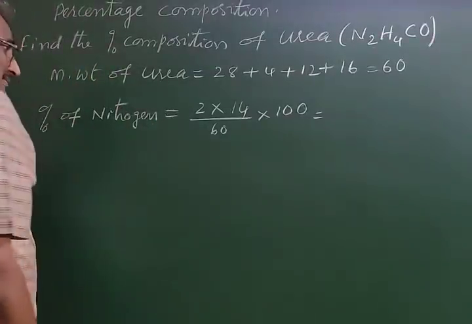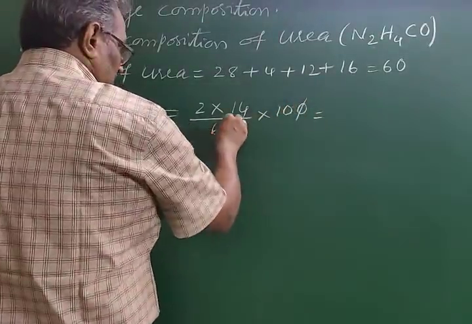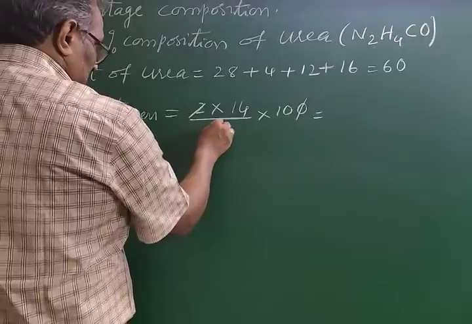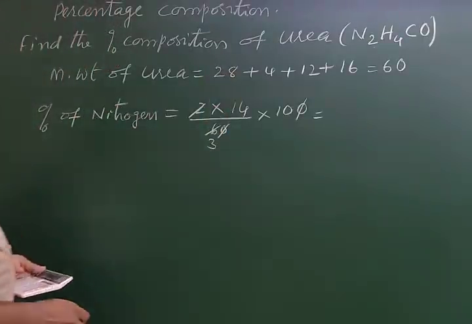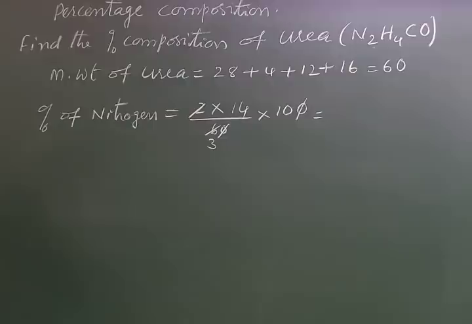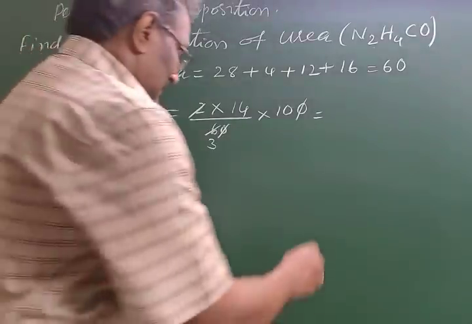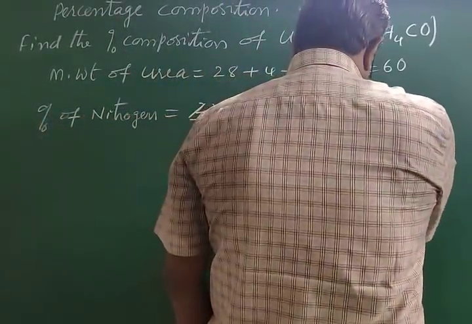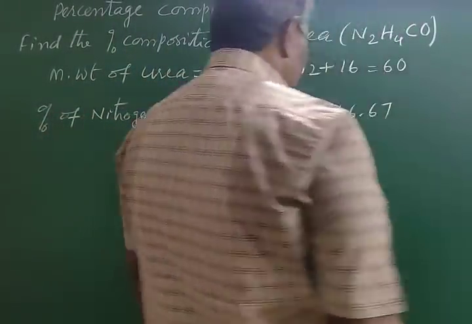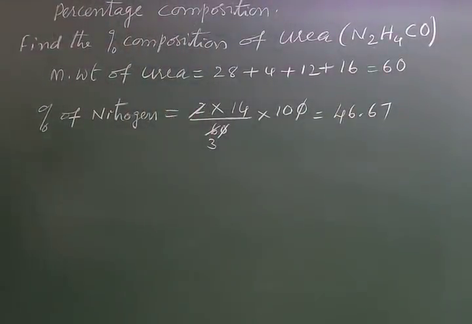That is equal to 140 by 3. That is equal to 46.66. 46.666. Let us write it as 46.67. 46.67% of nitrogen is present in urea.